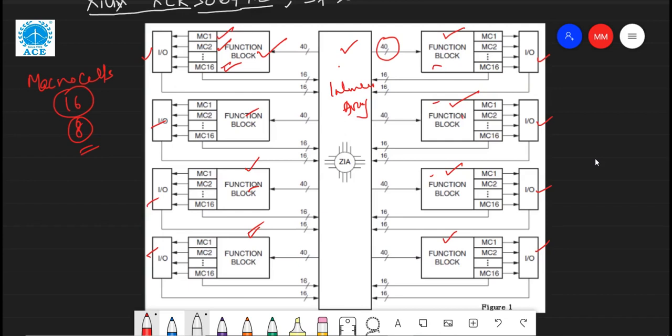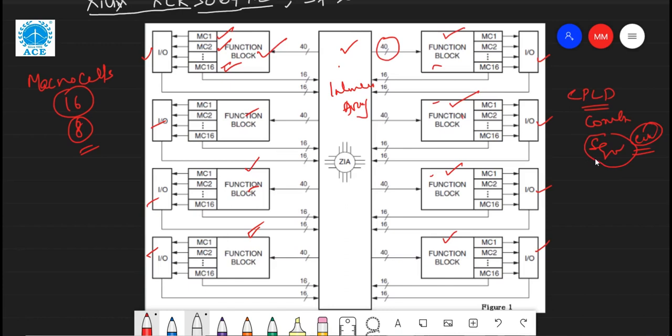In CPLDs we have combinational as well as sequential circuits to get the output. Therefore flip-flops are also included if required. If my functionality is memory storage, then we can use flip-flops.